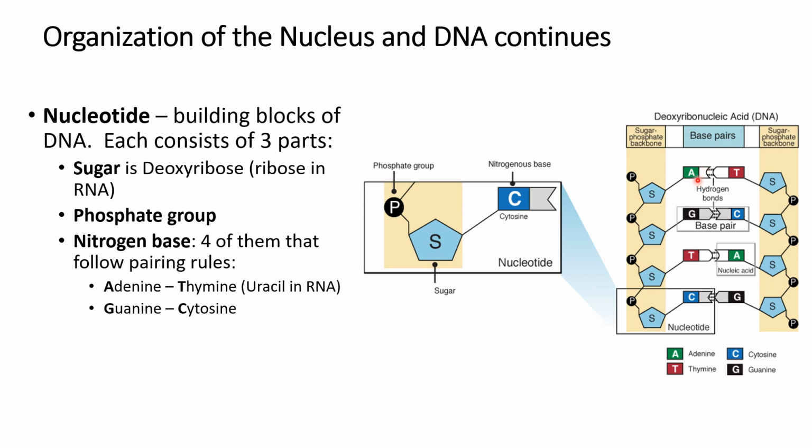We can see that the nitrogen base is paired with its complement on the other side of the DNA molecule. Adenine always pairs with thymine, guanine always pairs with cytosine. The sugar used in DNA is deoxyribose.